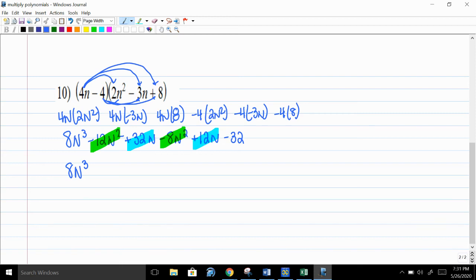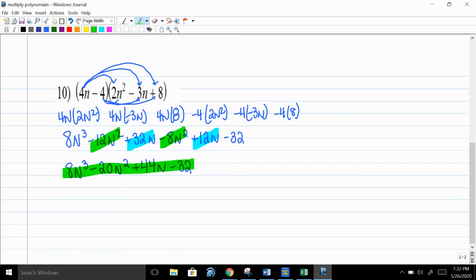So I started off with my n to the thirds, then I'm going to go with my n to the seconds. -12n squared and -8n squared is -20n squared. Then I go with my n's. 32n and 12n makes +44n. And then we always finish with the constant, -32. So your final answer there, 8n cubed minus 20n squared plus 44n minus 32.